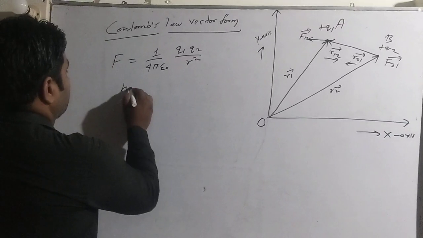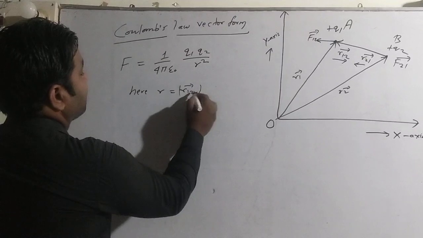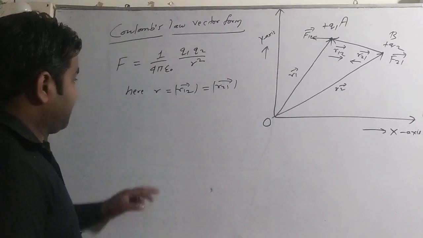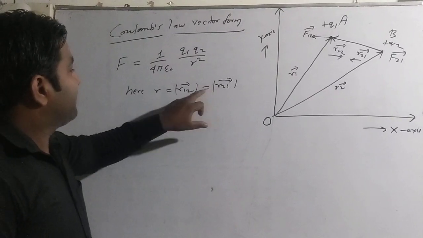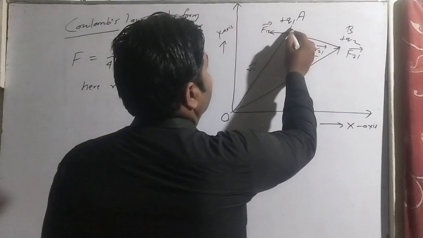Here R is equal to the magnitude of vector R12, which is equal to the magnitude of vector R21. In both cases the value is R, and here R means AB.